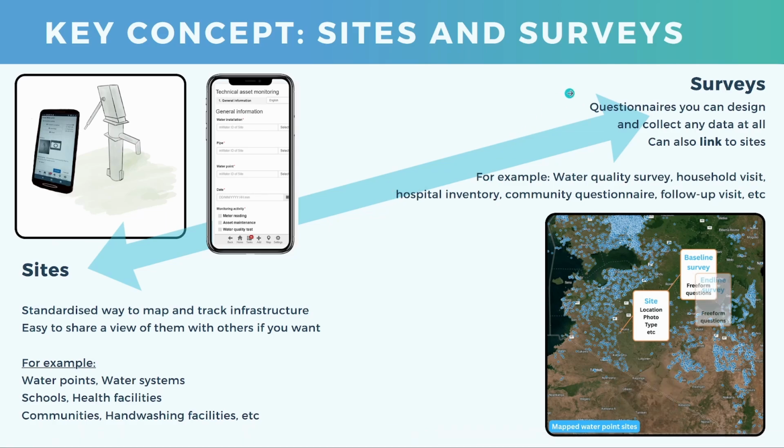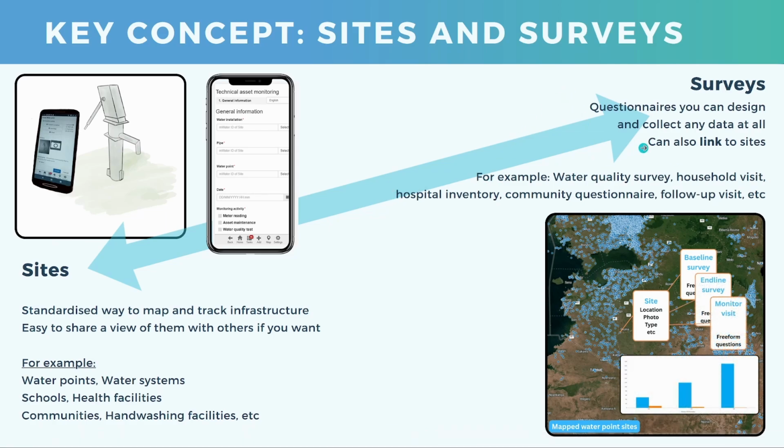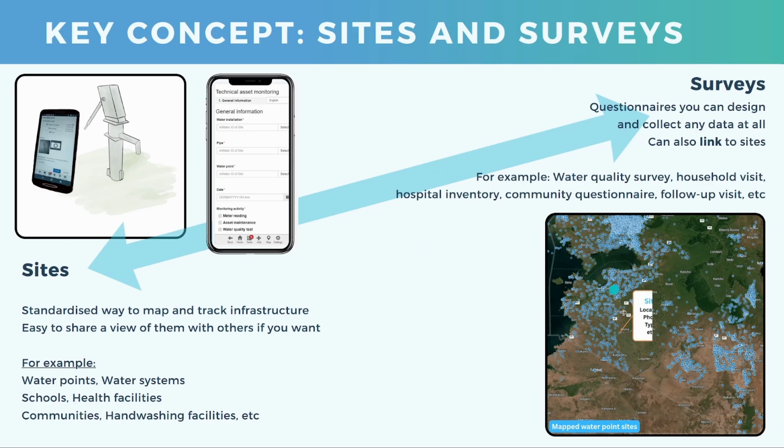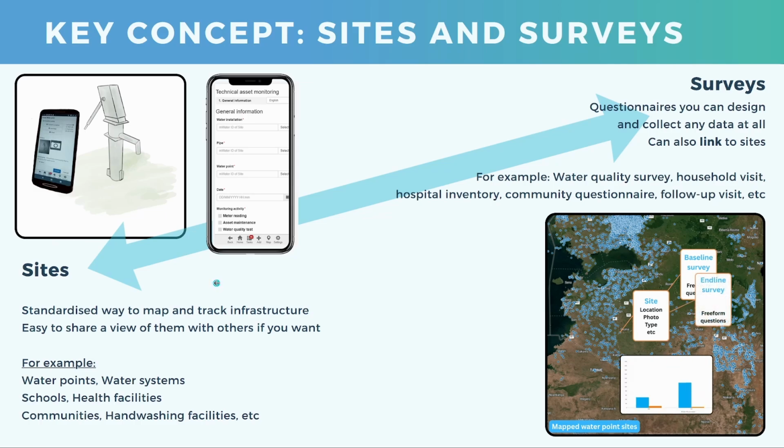Surveys are questionnaires that you can design freely and collect any data at all, which you can then link to sites and then do multiple visits in the same location and see how things develop over time. This means that you don't have to map the things you have already mapped again and again, and you can build a picture of how things work and proceed over time.